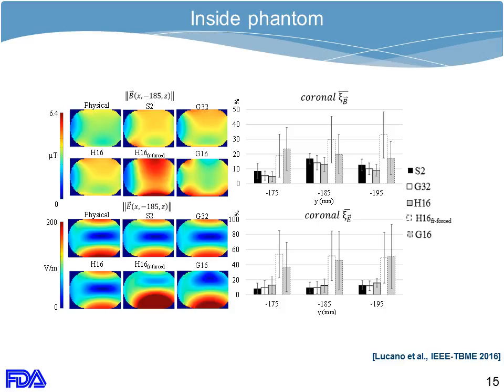Here is a summary of some of the results that we collected. On top you can see the magnitude of the magnetic field, and on the bottom is the magnitude of the electric field. We are looking at a plane at the center of the phantom, at the physical results, and then at the results from 5 different computational models, S2, G32, H16.